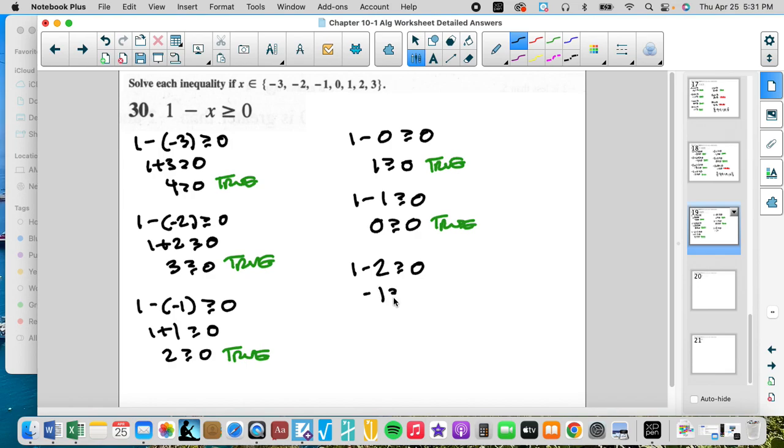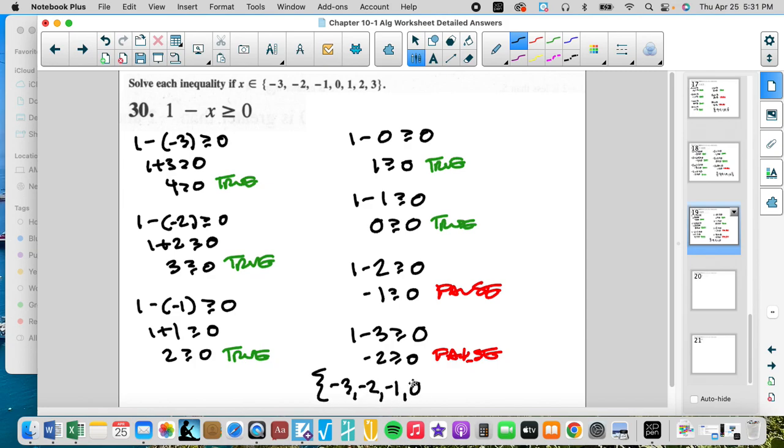Is negative 1 greater than or equal to 0? That is false. And is 1 minus 3 greater than or equal to 0? Is negative 2 greater than or equal to 0? That also is false. My solution set would be negative 3, negative 2, negative 1, 0, and 1.